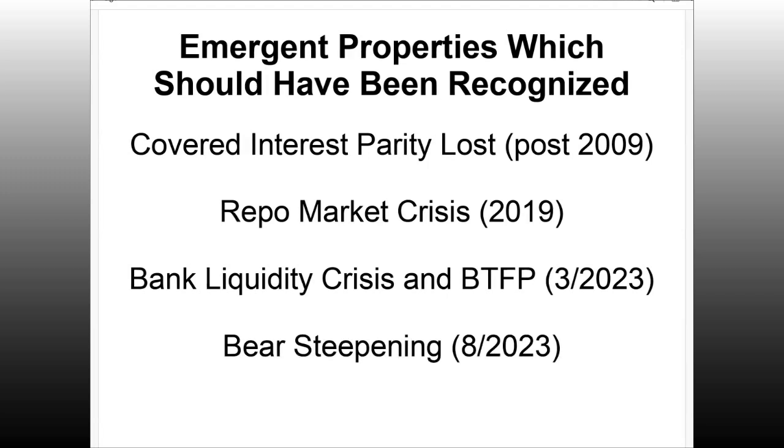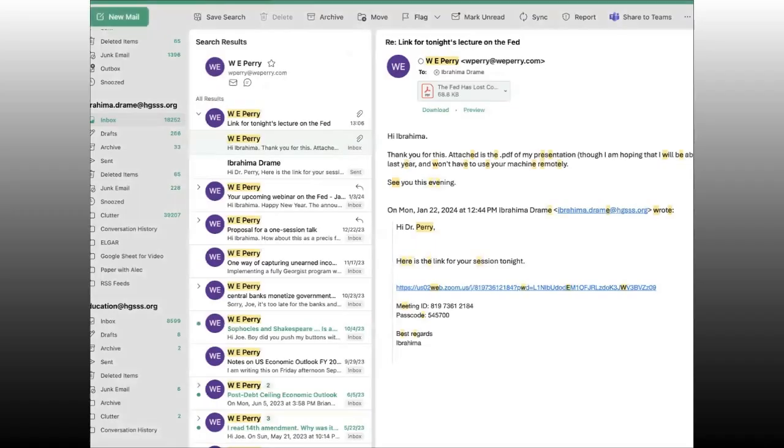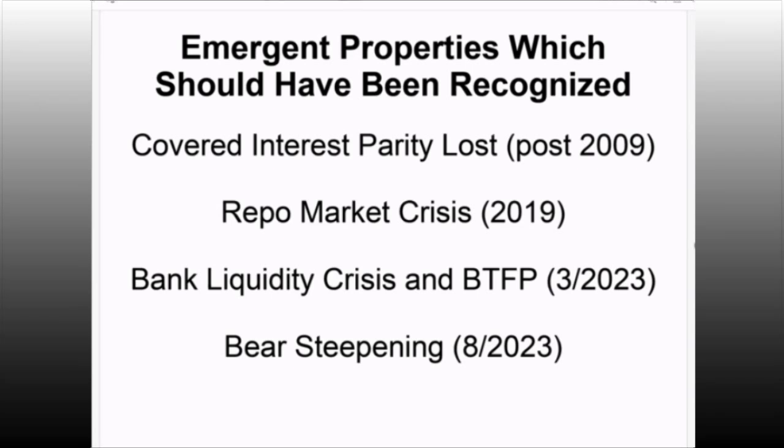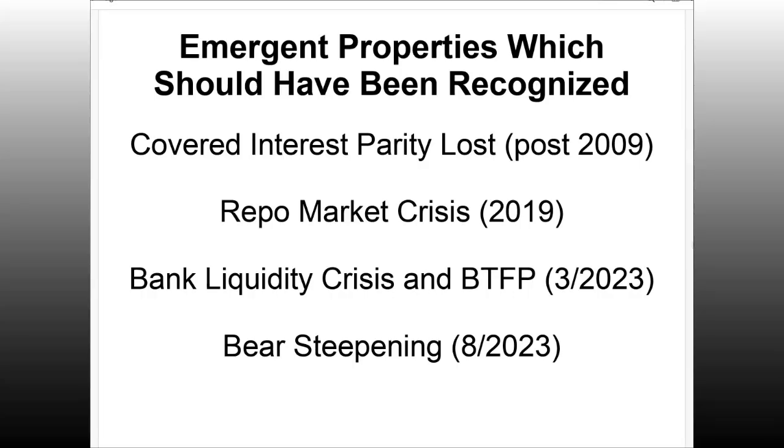Okay, the famous bear steepening. We have been, for the past year, in an inverted yield curve. All right. In an inverted yield curve, the shorter term bonds, let's confine the conversation to treasuries.